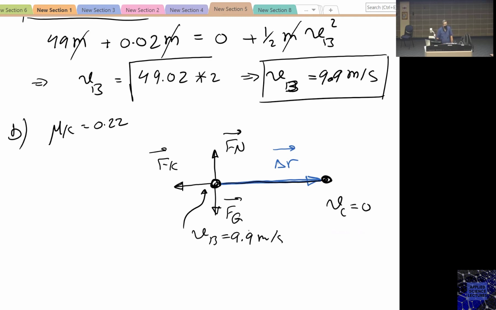So the frictional force is the only force applied on this penguin, causing him to slow down, coming to a stop. We need to calculate this displacement. So how can we calculate the displacement? Any idea?